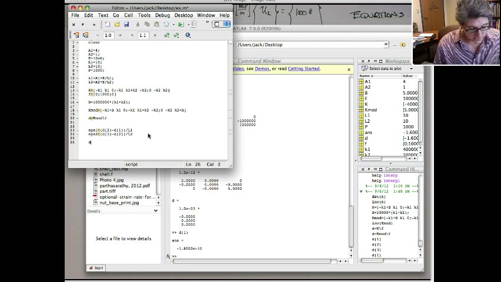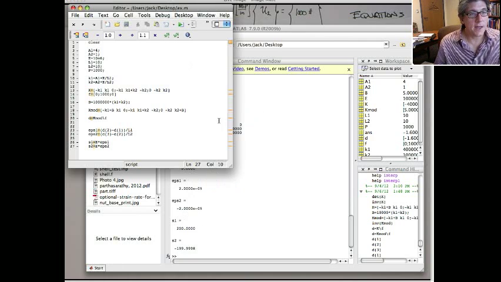And then we can get the stress. Stress in 1 is just going to be E times epsilon 1. And likewise, the stress in the second one is going to be E times epsilon 2, the strain in the second element. And so here we can rerun that.